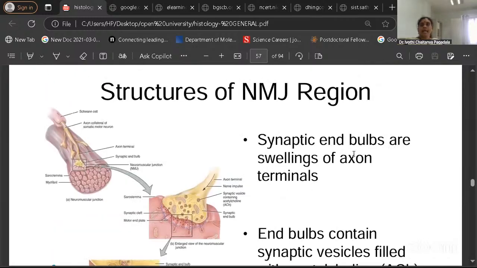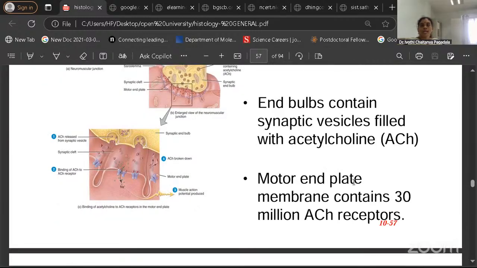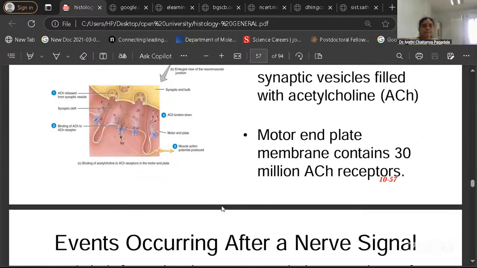The synaptic end bulbs are swellings of axon terminals, and end bulbs contain synaptic vesicles filled with acetylcholine. The motor end plate membrane contains 30 million ACh receptors, that is, acetylcholine receptors.